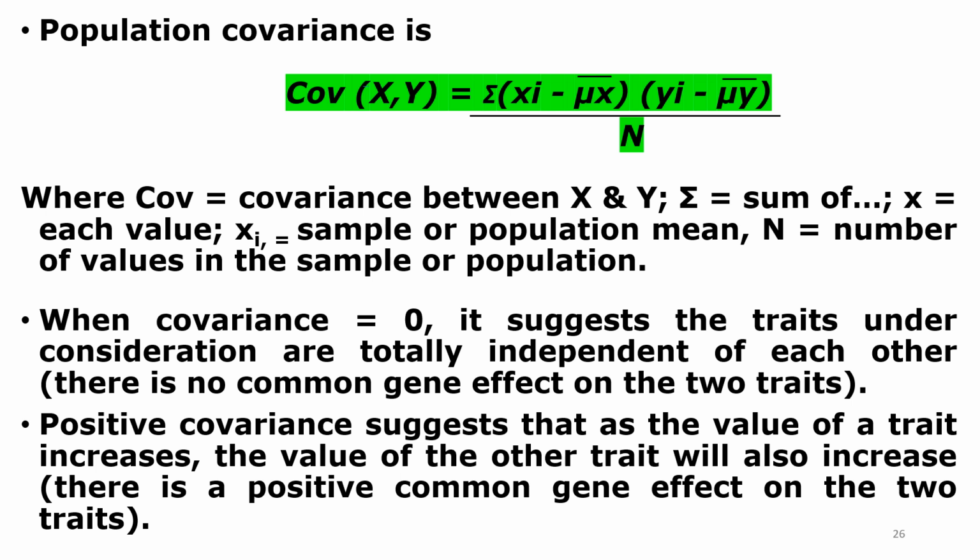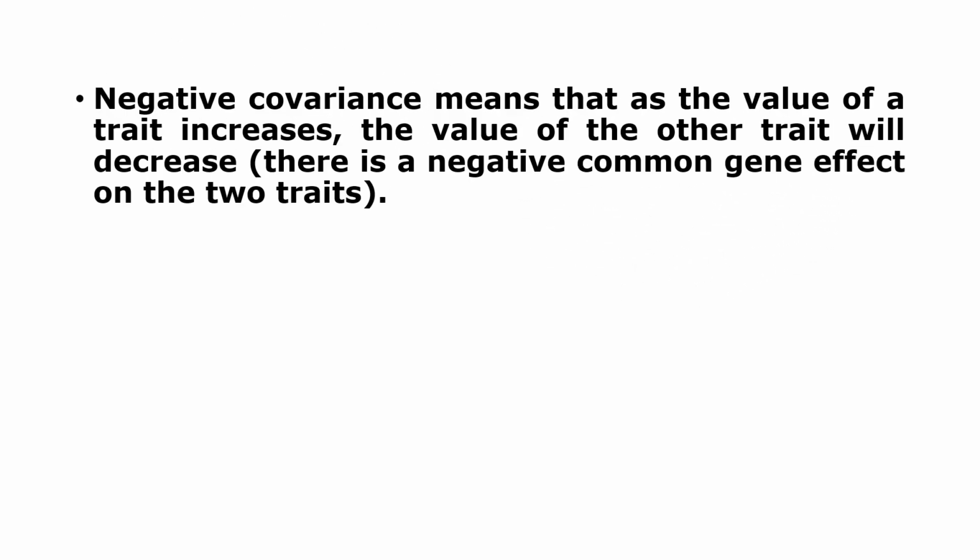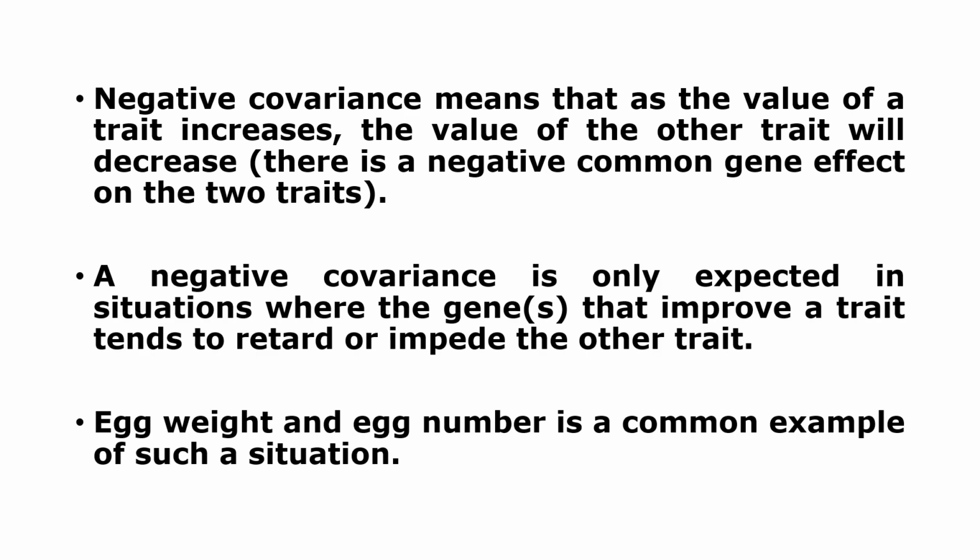The implication here is that as one of the traits is increasing in magnitude, the other trait is also expected to increase in magnitude. There is also the possibility of a negative covariance, which means that as the value of a trait is increasing, the corresponding value of the other trait will be decreasing. In this case, we say that there's a negative common gene effect on the two traits concerned.